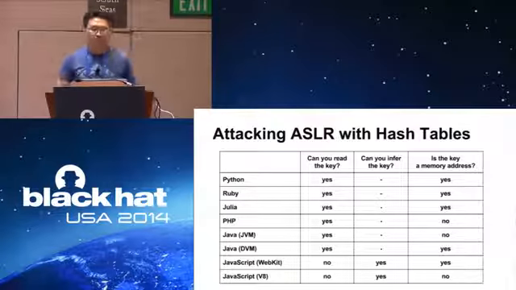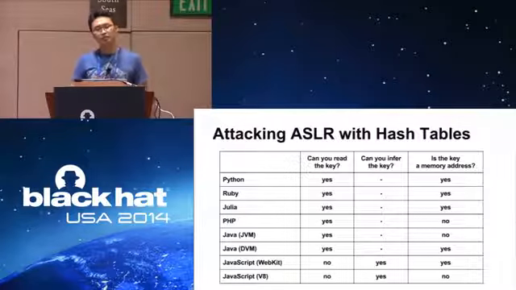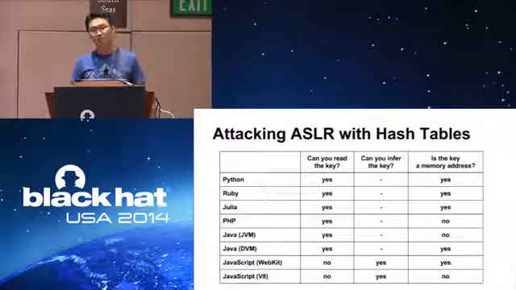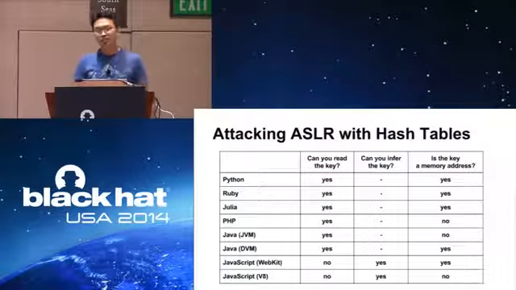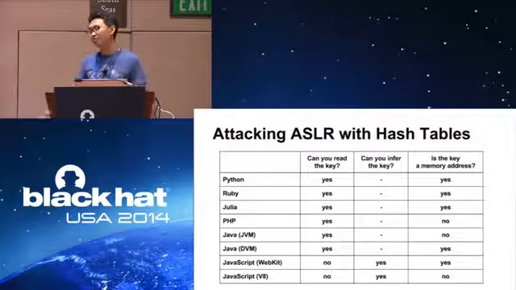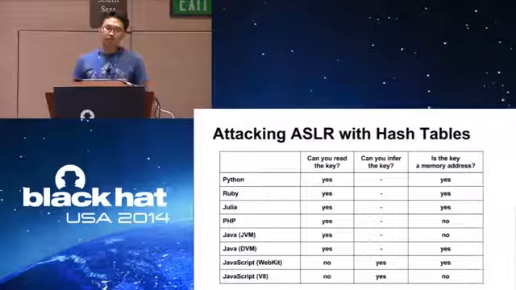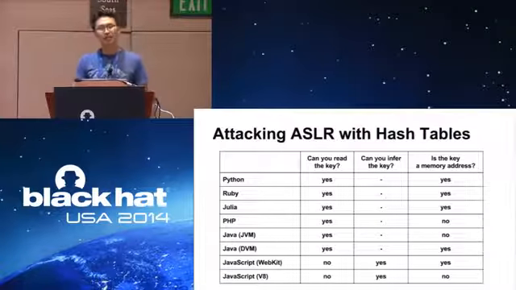In Java's case, there are largely two different virtual machines. One is the Java Virtual Machine, and the other one is DVM in Android. In the JVM case, you can read the key, but that is not actually the memory address. It is just a random value. But the interesting thing is that we went to the source code implementation of the JVM, and what we found is that they have some different compile options.